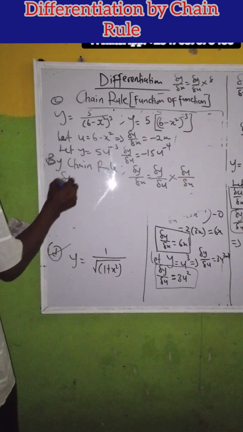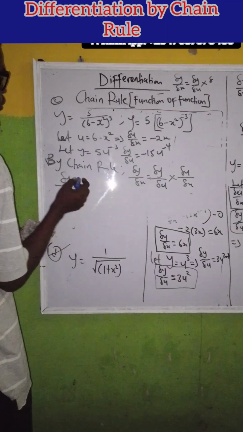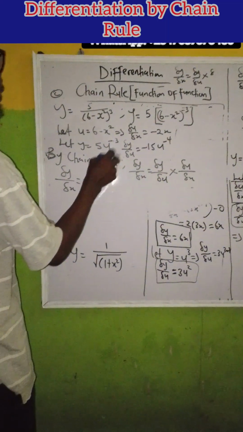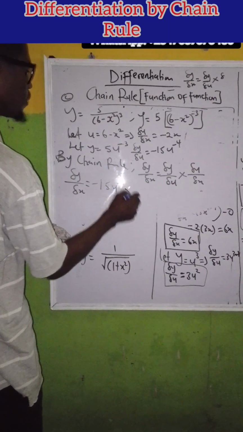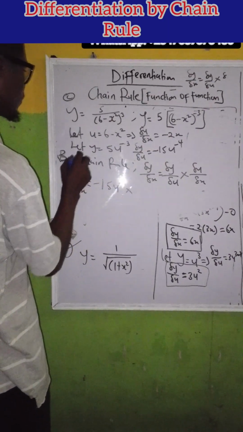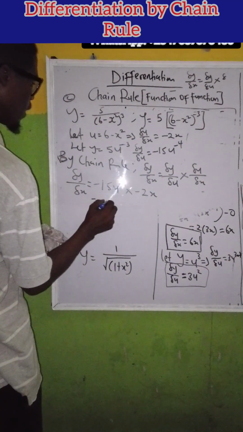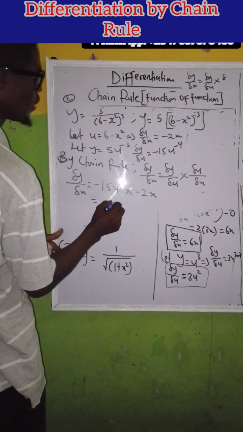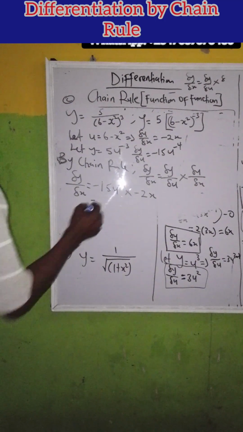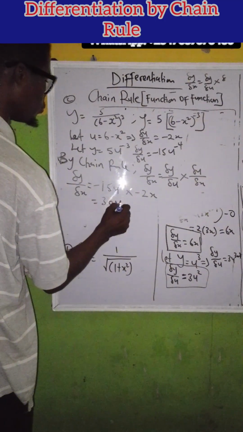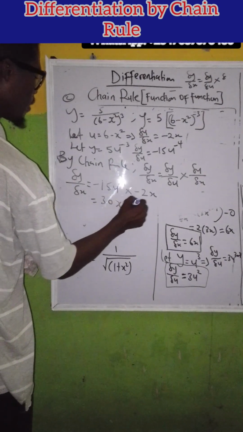So that's dy over dx is equal to what? dy over du is minus 15u raised to power minus 4 multiplied by du over dx, which is minus 2x. Okay, so that's 30x u raised to power minus 4.